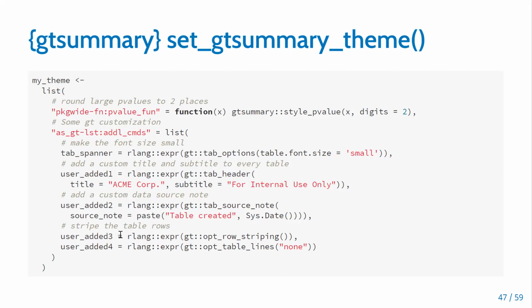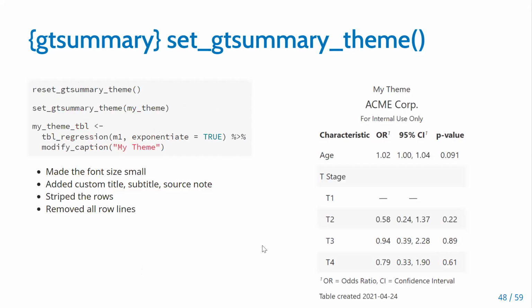And this adds row striping to the table, and then this last one removes all of the lines from the table. So let's just take a look at what that looks like. So you can see here we've got some striping, we've got no lines, we have that this table was created on the 24th of April, default title, and again, the tbl_regression call is exactly the same.